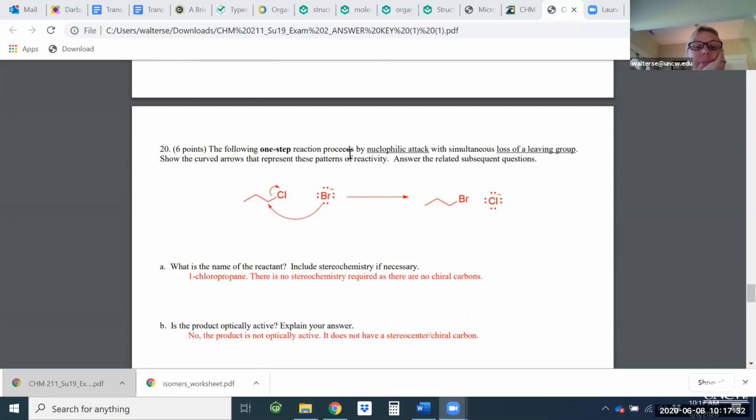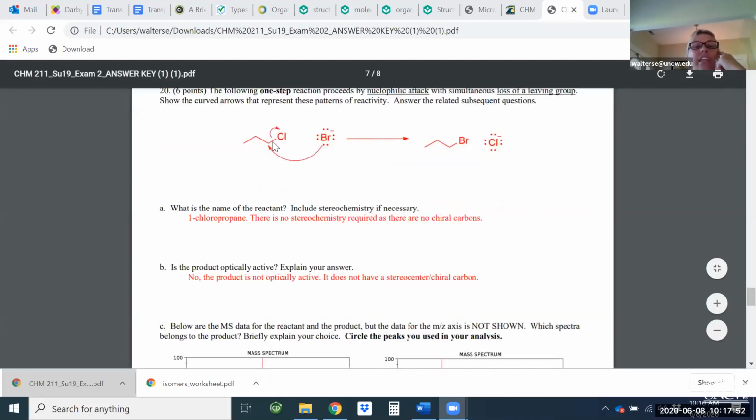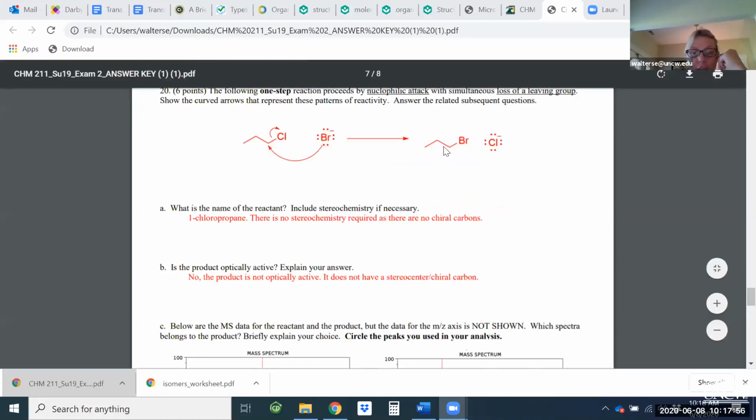Okay, so the following one-step reaction proceeds by nucleophilic attack of the bromide, loss of leaving group. They were given these molecules and they drew the arrows to get these products. So they went from having an alkyl chloride to having an alkyl bromide.